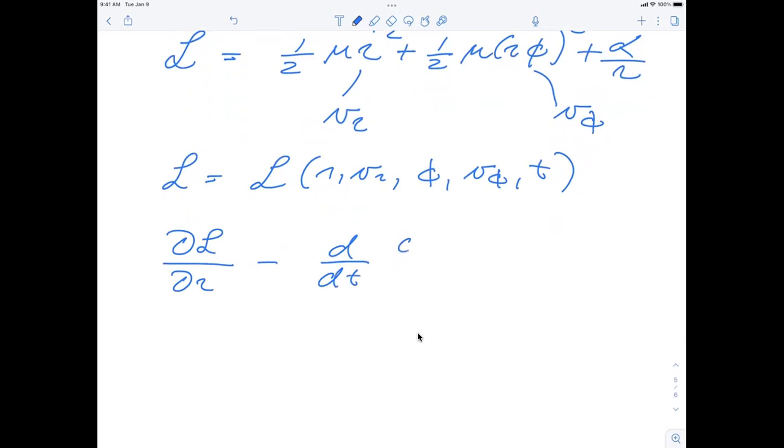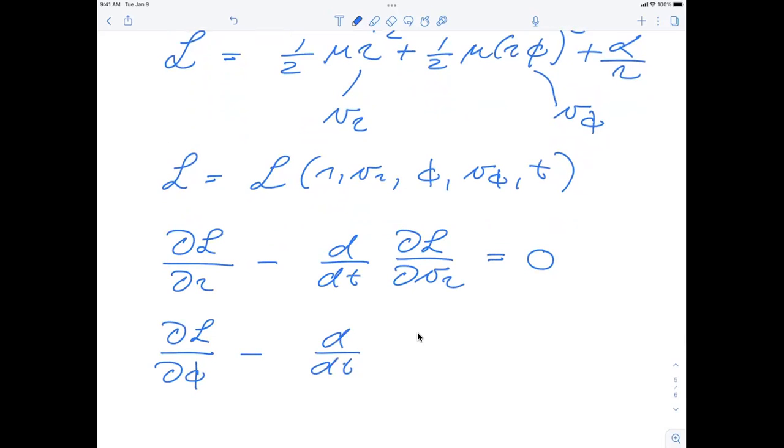That's one of the equations. And we need also ∂L/∂phi minus d/dt of ∂L/∂v_phi.